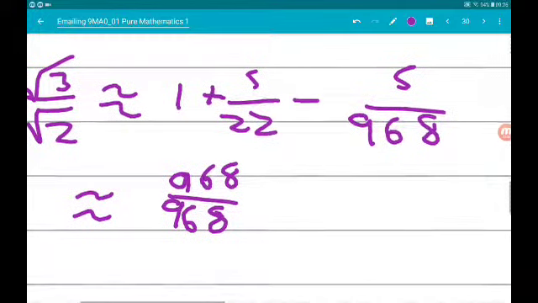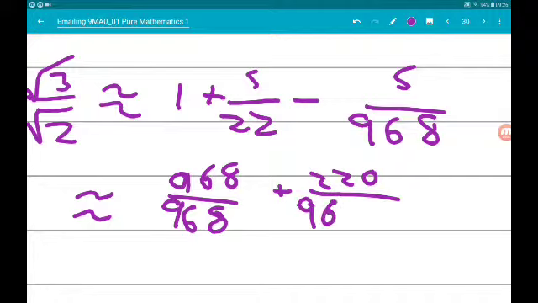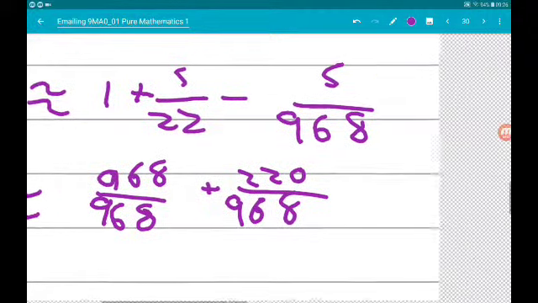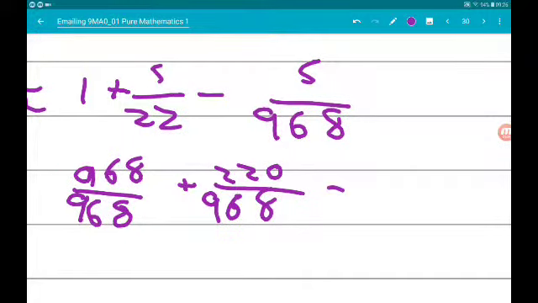So we're going to need to multiply 5 by 44, which is going to give us 220 over 968 minus 5 over 968.